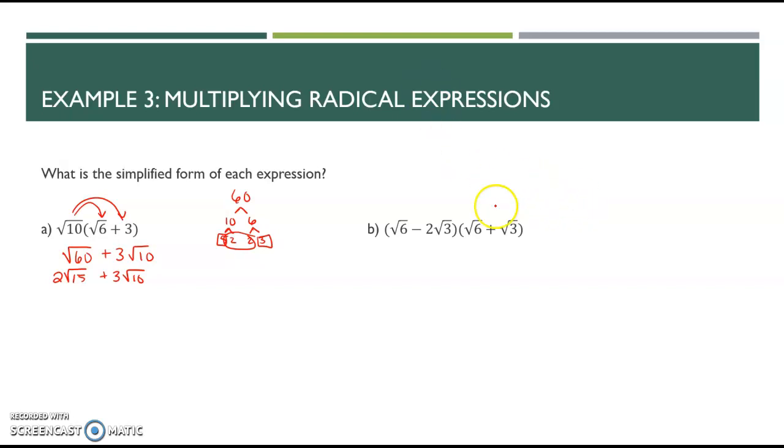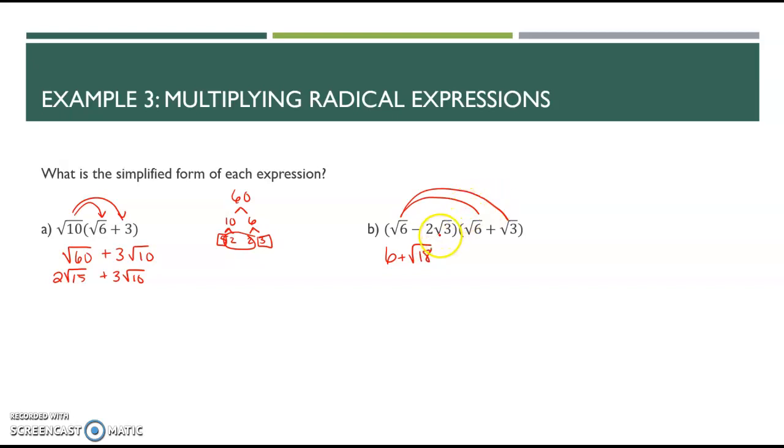Now when we look at B, we have a binomial with a binomial, right? So we are going to have to double distribute. So I'm going to take this square root of 6 times square root of 6, which is going to give us 6, and then I'm going to take square root of 6 times the square root of 3, which will give us a positive square root of 18.